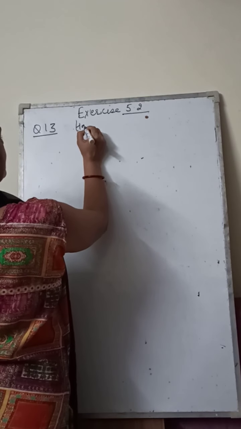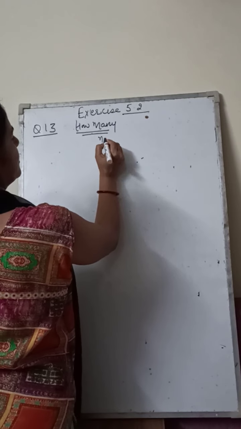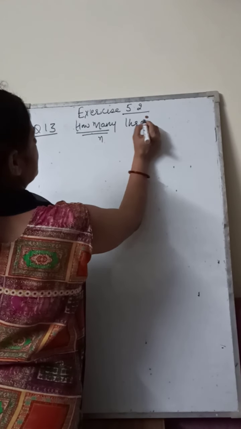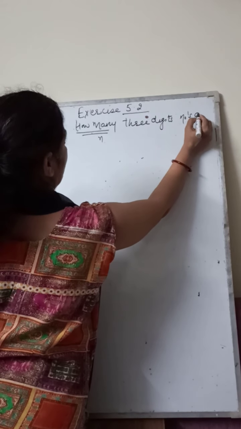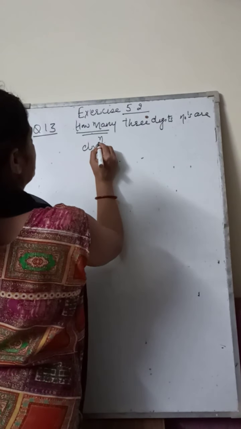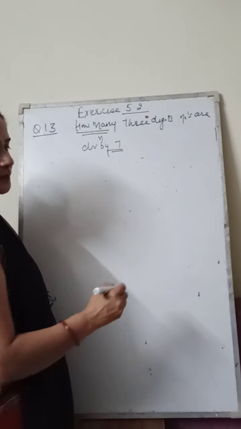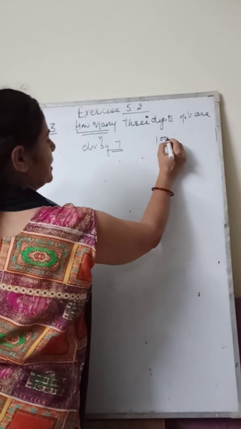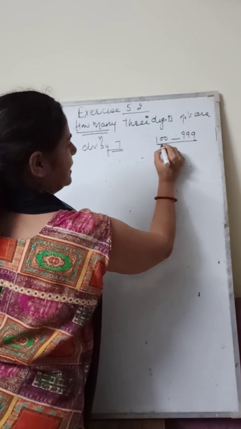How many means you have to find n. Okay, 3-digit numbers divisible by 7. You know, 3-digit numbers start from 100 and end at 999.